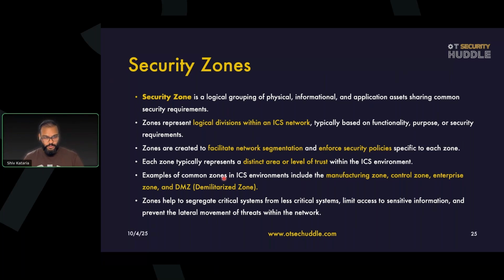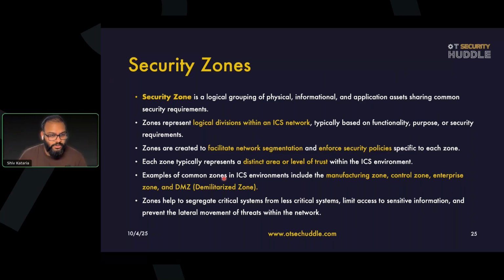Each of these zones would typically be a distinct area or level of trust, and based on that level of trust, we calculate our security level target and do the risk assessment. Typical examples are manufacturing zone, control zone, enterprise zone, and DMZ. They also possibly coincide with the Purdue model that you have seen, but the Purdue model is not a security model. It could, of course, support you in understanding the assets logically in your ICS environment.